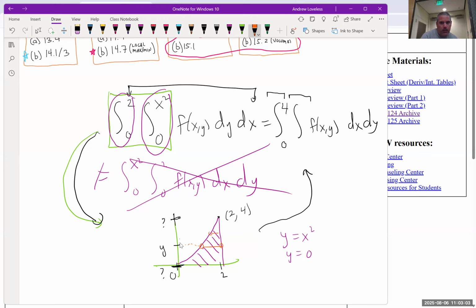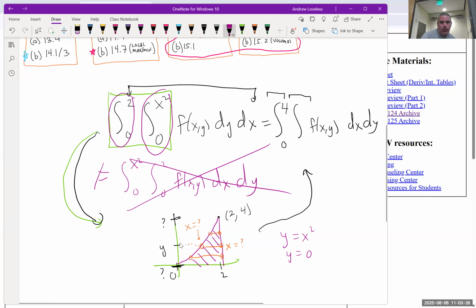So we're mowing the lawn in a different way. I need to give those bounds. So I need to give the right bound, which is something, and I need to give the left bound, which is something. One of those bounds is a constant. The right bound is. That's x equals 2.